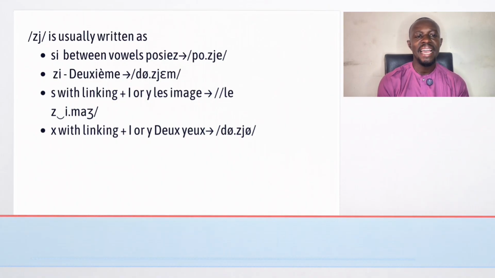Then also S with the linking, that's S with the liaison. For instance, you can see it with I or Y, and it gives us les images. And with X, you can see it with deux yeux. So you can see the sound is giving us a Z sound.